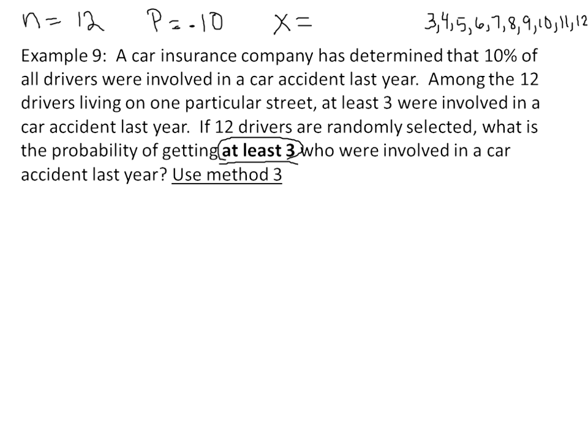Now I'm going to write the ones we don't want, and I'll put that in a different color. I do not want 0. I do not want 1 or 2. Those are the ones I do not want. So at least 3 means you're going to take 3 and above. Those are the probabilities we want. However, you just saw how that binomial CDF works.